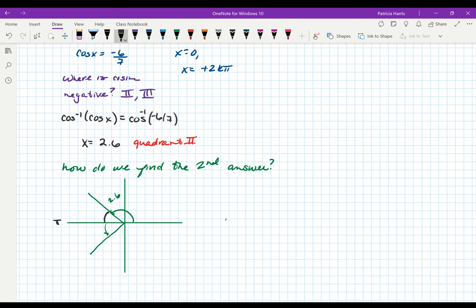So to find out what this little guy is right here, we're going to go pi minus 2.6. That gives me 0.54.